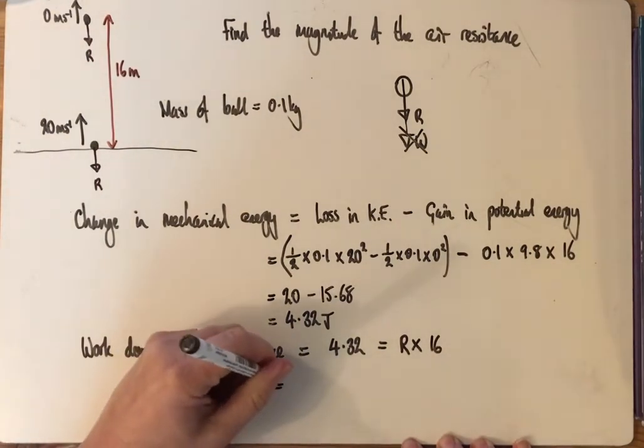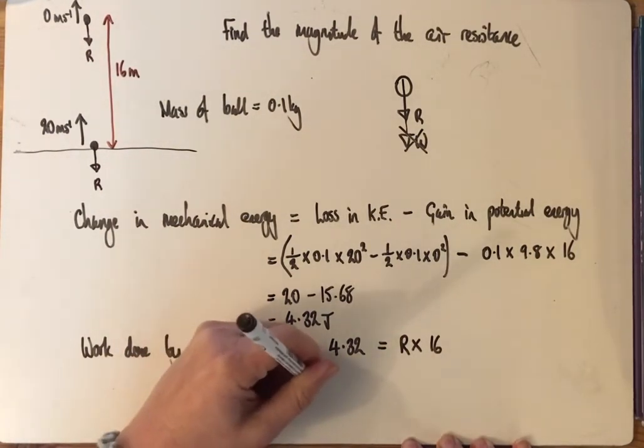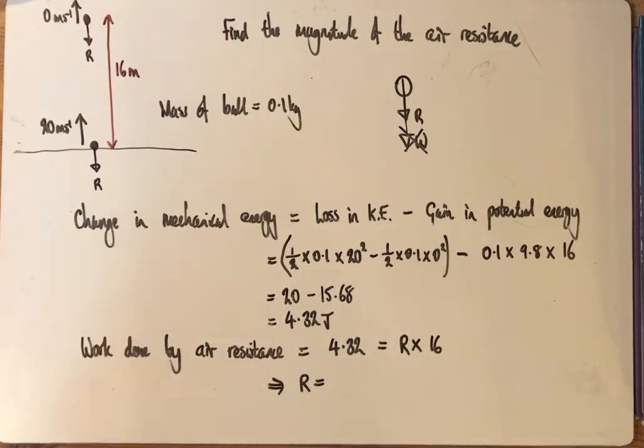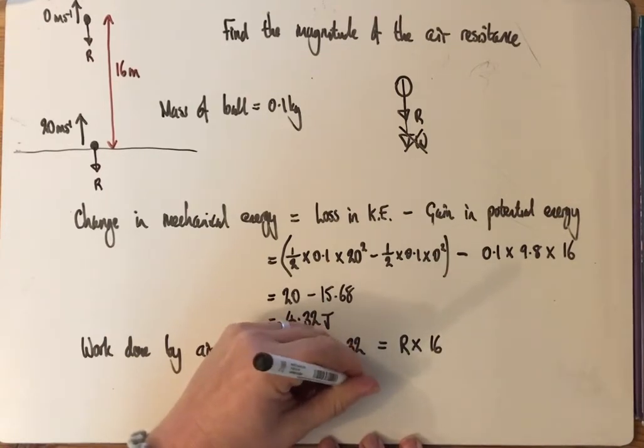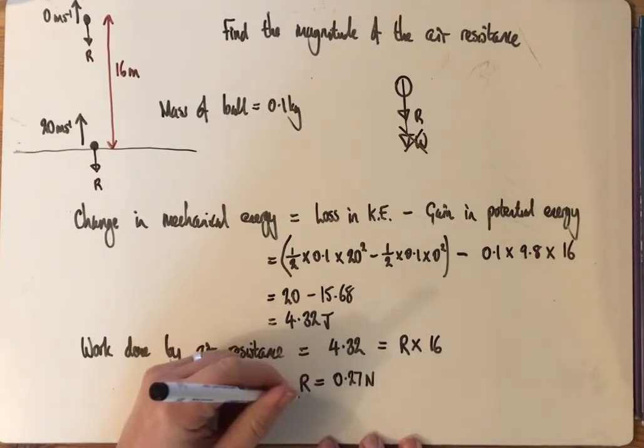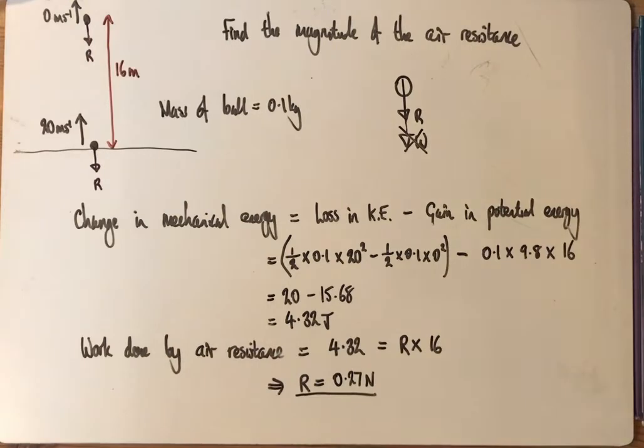And so the magnitude of the air resistance is 4.32 divided by 16, which gives you 0.27 newtons. So it all balances out basically.